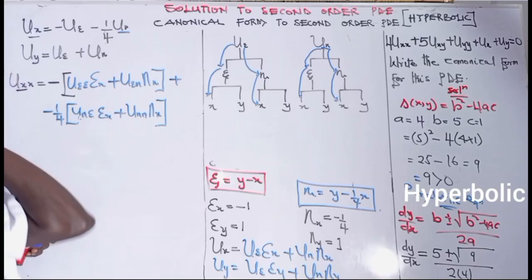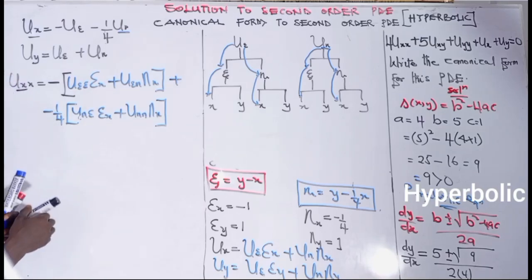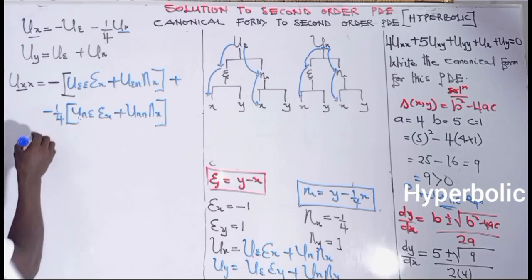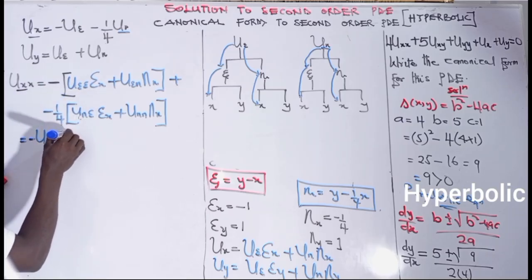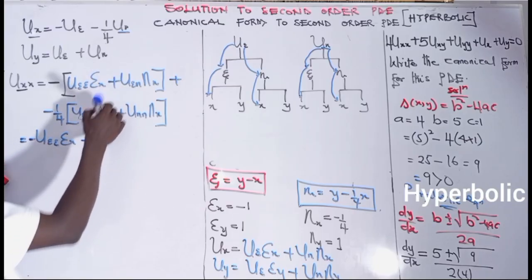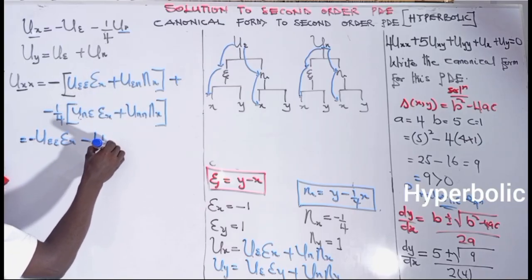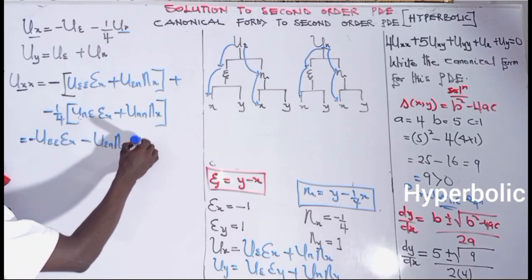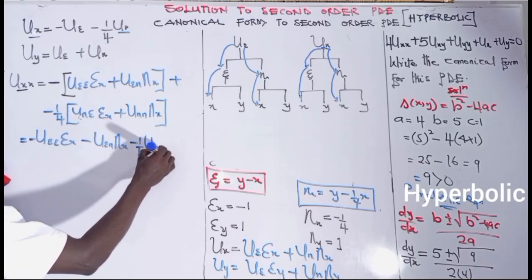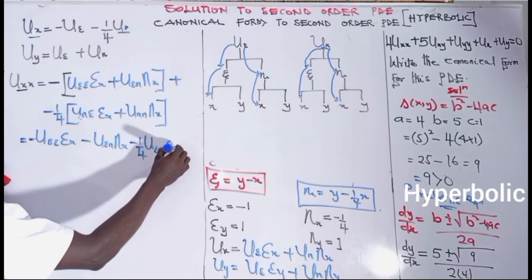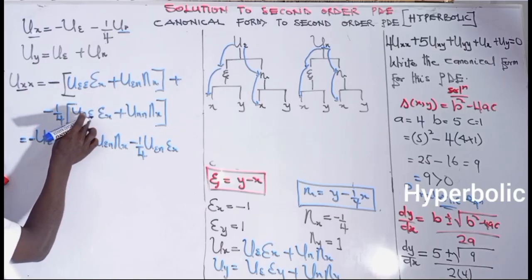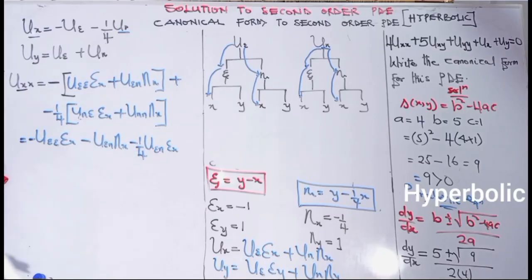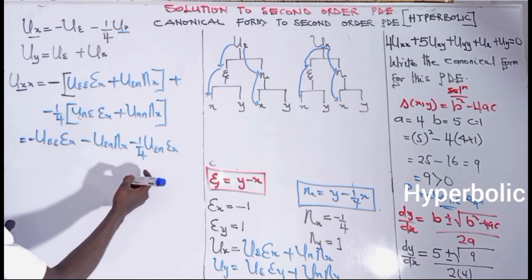Then once we have this, we just do some small algebra here, then we simplify. So this is going to give us minus u xi xi x. This is also giving us minus u xi eta x. This is also giving us -1/4 u xi eta xi x. Now we can write u eta xi as u xi eta, because we know that for a continuous function, the order of differentiation doesn't matter. So we can write it in this one form.